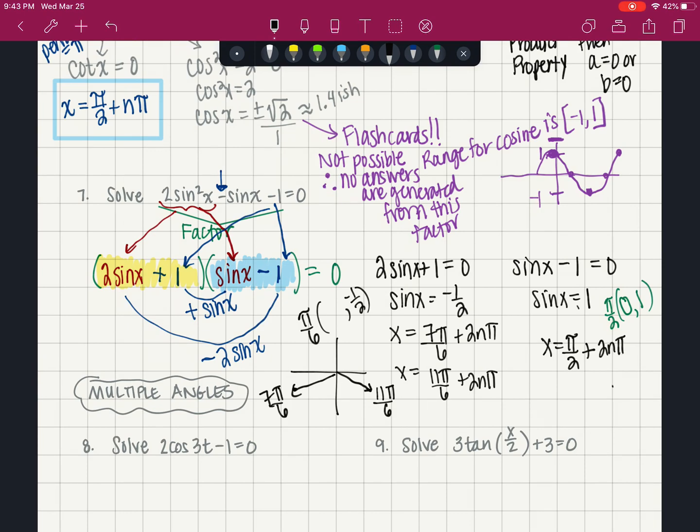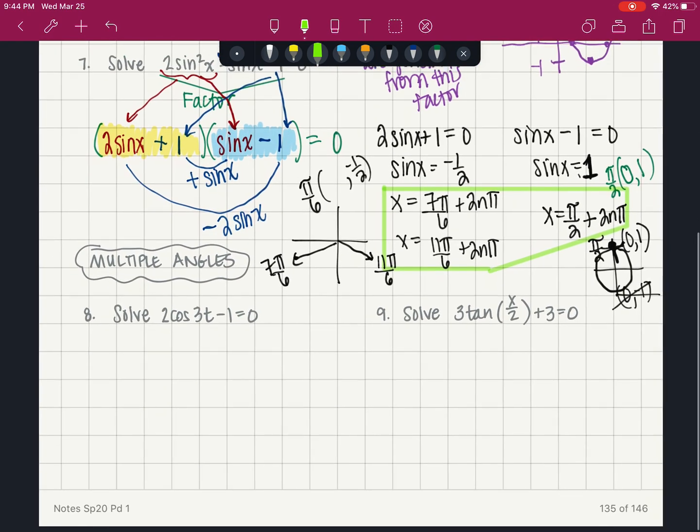The reason we cannot shortcut this is because we want the sine to be a positive one, not a negative one. So we can't have the output of negative 1. We want that output to be positive 1. So we're talking about pi over 2 and only pi over 2. So we're going to add 2n pi. So here are our answers, those 3 values right there.